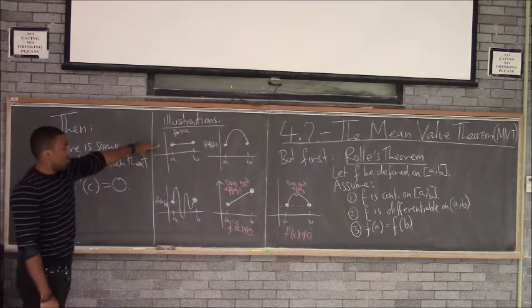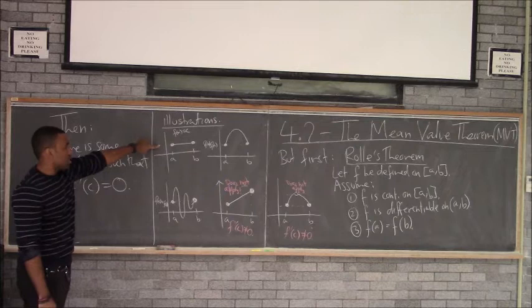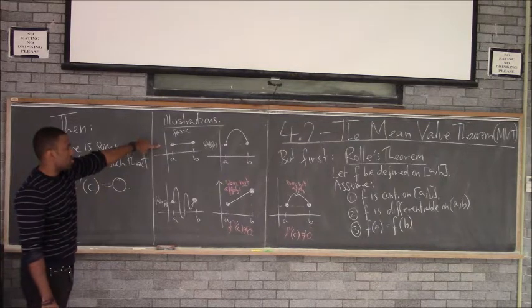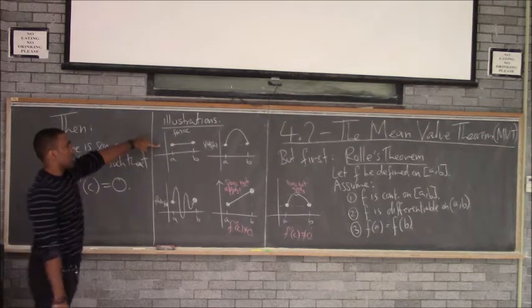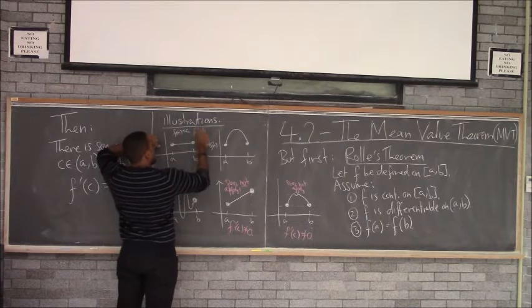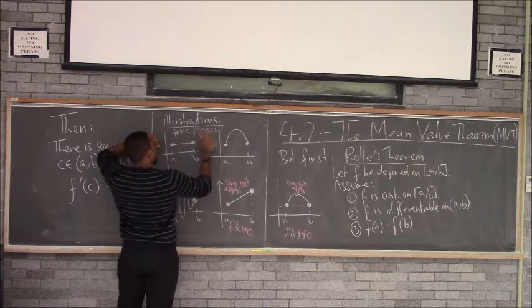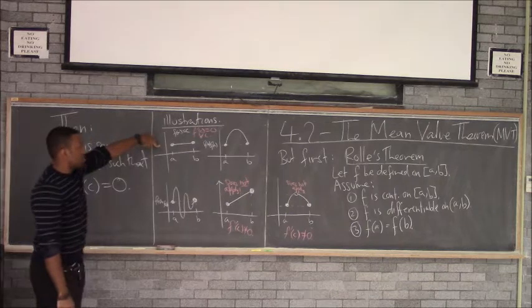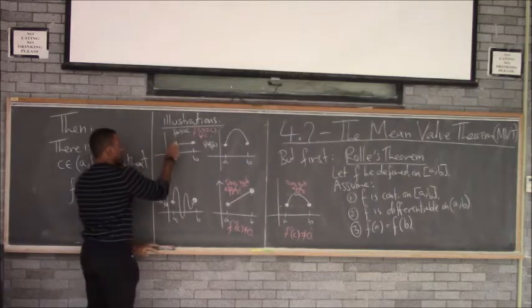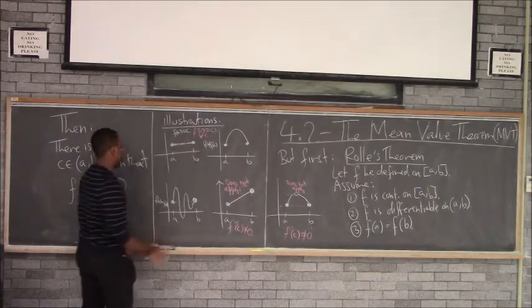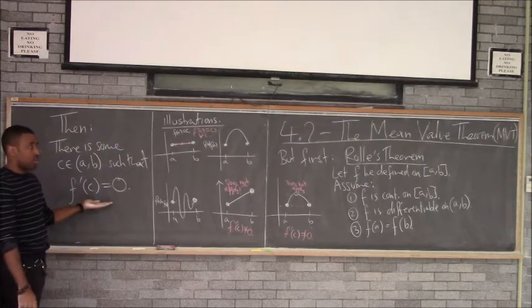On these, though, here I have a function that is continuous on the closed interval, differentiable on the open interval. In fact, f prime of c equals 0 for all c, right? So literally any point I pick in this interval will have this conclusion satisfied.